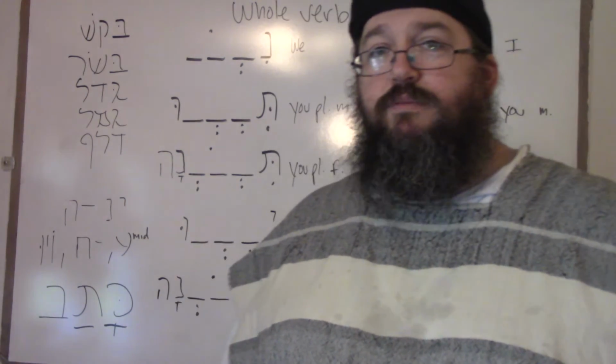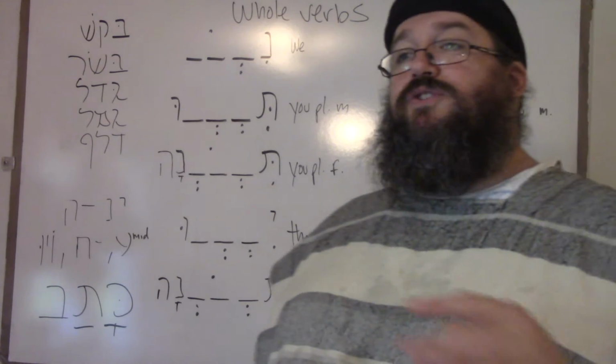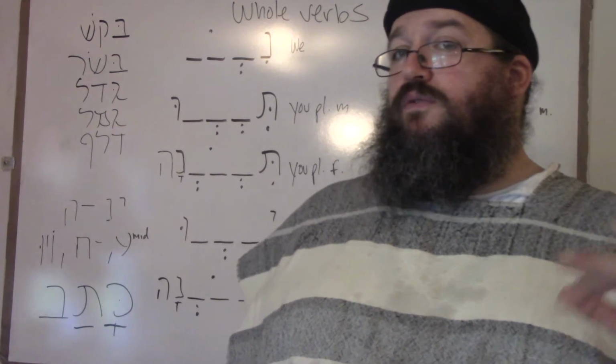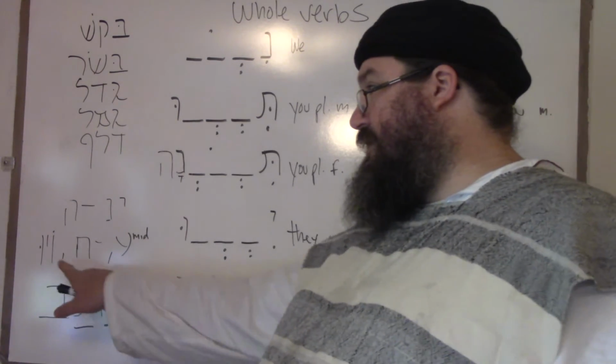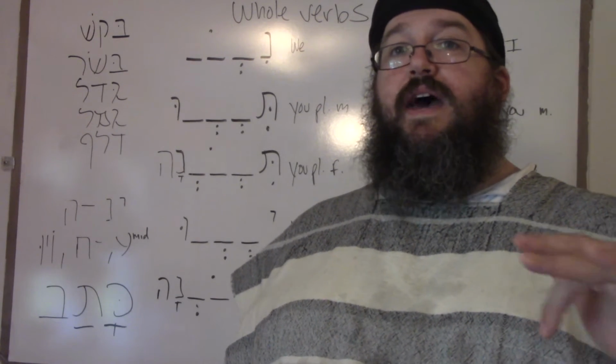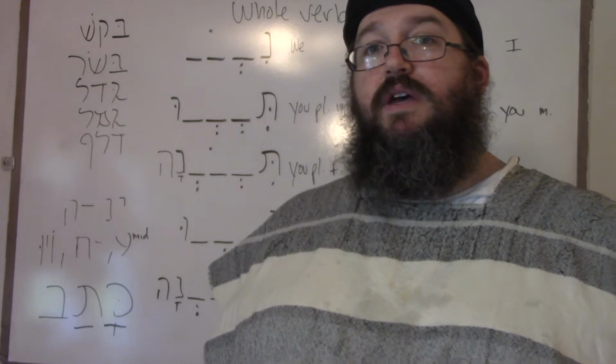Now the whole verbs, the reason why they're different and unique is because these ones always will have the sound. Not all paal verbs do, such as the yud and the vowel verbs. These are the verbs that have the middle yud and the middle vowel, so they're not going to have the sound. Okay?